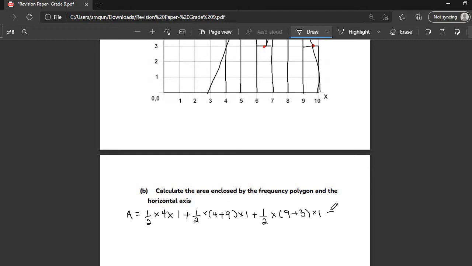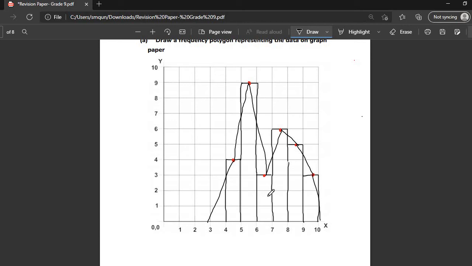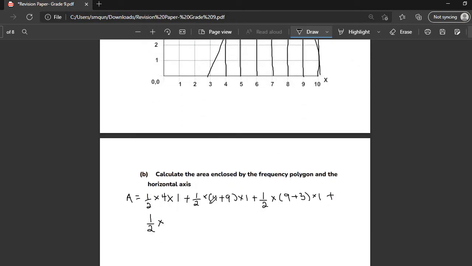Plus half times, okay, the next two rectangles would be 3 and 6.